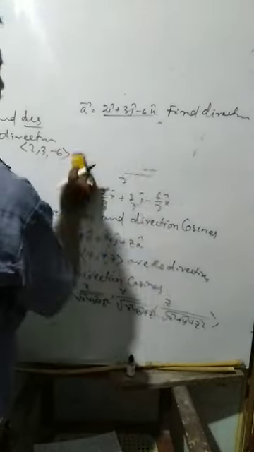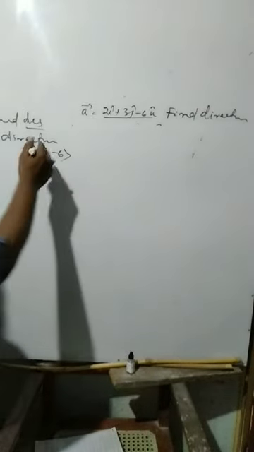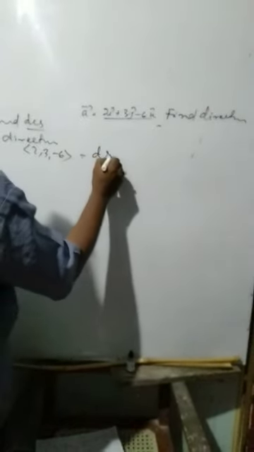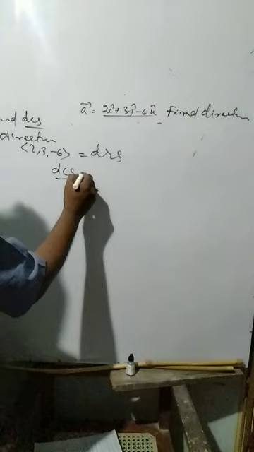So how to find the direction cosines? From here you will get them. These are said to be DRs, direction ratios. Out of these DRs you find the DCs, direction cosines.